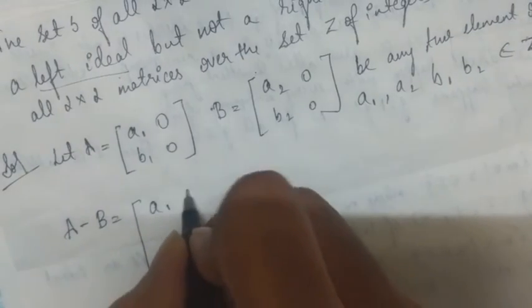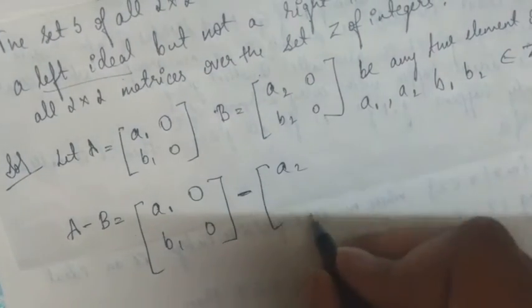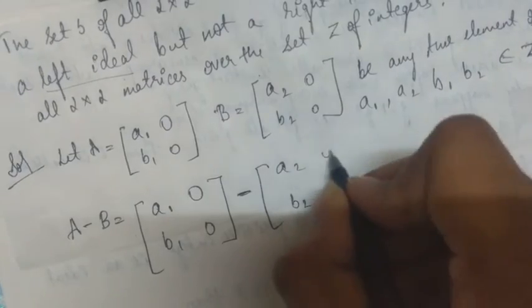If we apply the first property of an ideal, A minus B implies A1 B1 0 0 minus A2 B2 0 0. We are just subtracting these two.